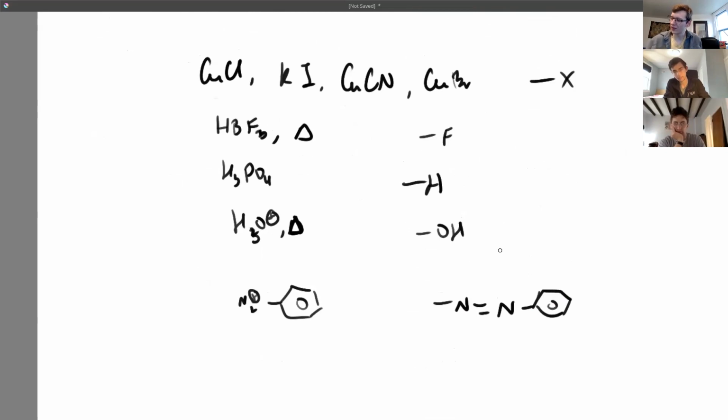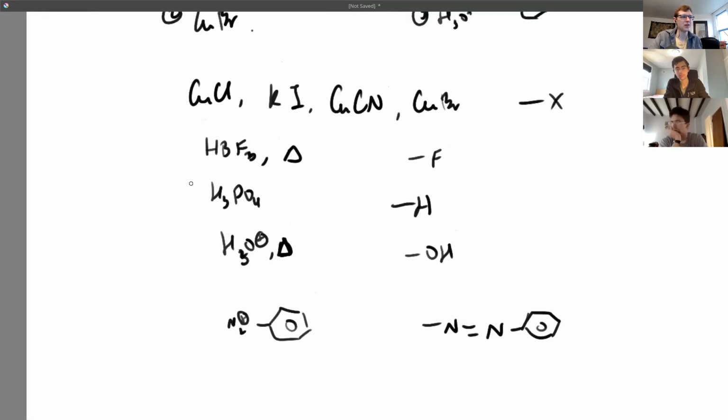Something I've seen in the past on one of my old exams that tripped me up was a really weird but pretty powerful synthesis route: stick one of these on and then do something like we just did with the nitrile and then hydrolyzed it.